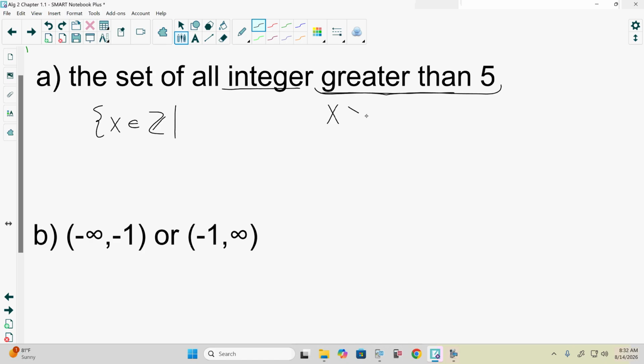So we would use our greater than symbol right after the bar. Brace. So we turned the words into an inequality, and we get this here. So the set of all integers, our number group, x is an element of the integers, such that x is greater than 5. We turn that entire sentence into that.